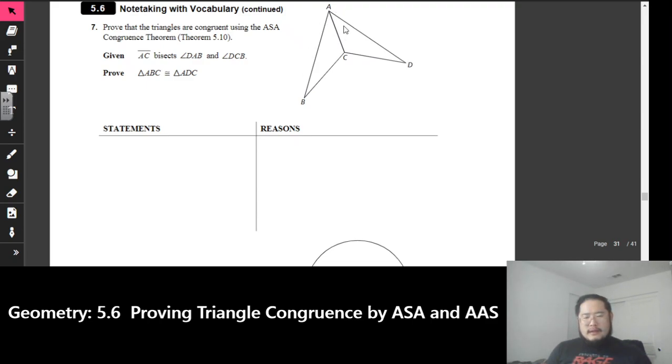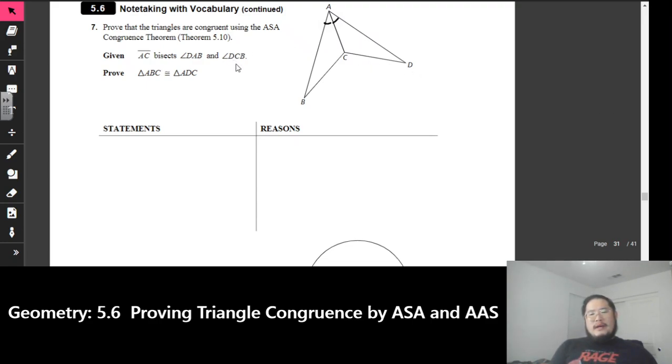Then remember, if it bisects, I should know something about the angles. These 2 angles right here should be congruent. You don't say. Well, maybe you're going to have to use that in our proof.